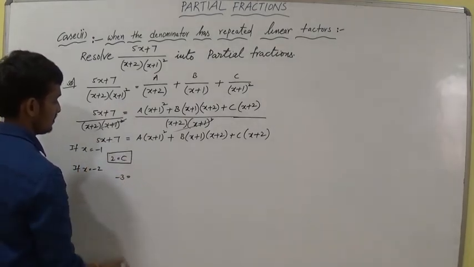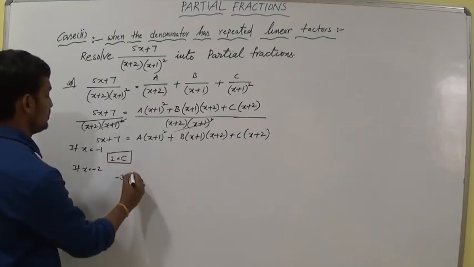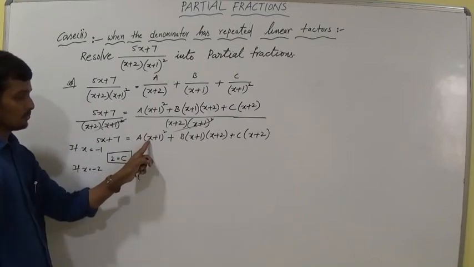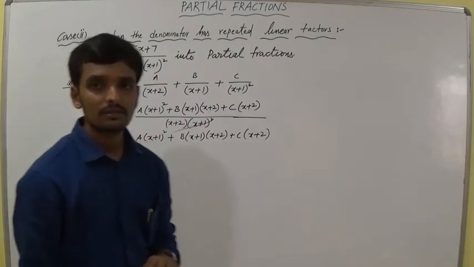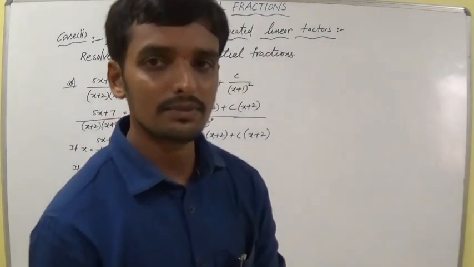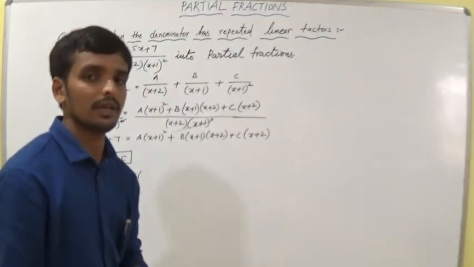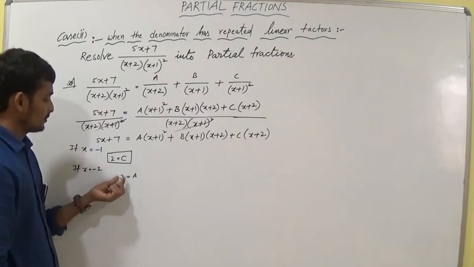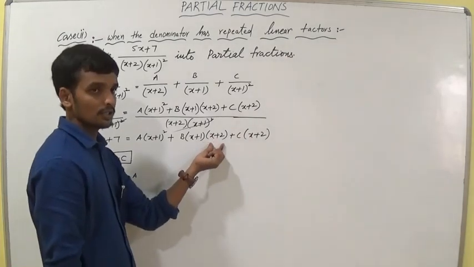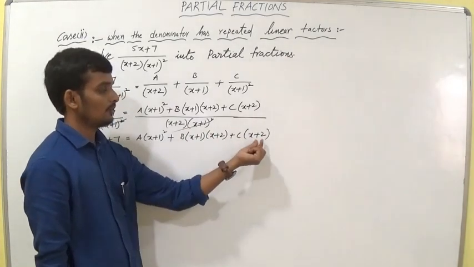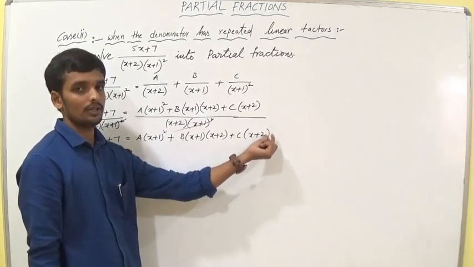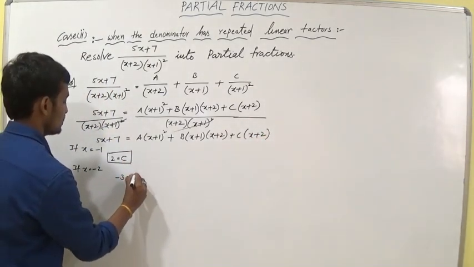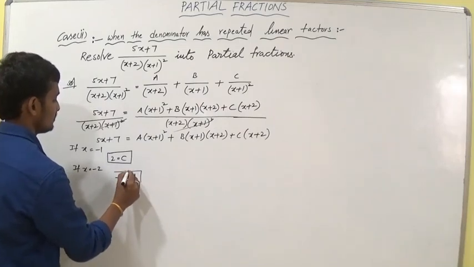Minus 3 is equal to A into minus 2 plus 1, that is minus 1, minus 1 whole square, 1. If you substitute minus 2, the B and C terms are 0. So I am getting A. A is equal to minus 3.